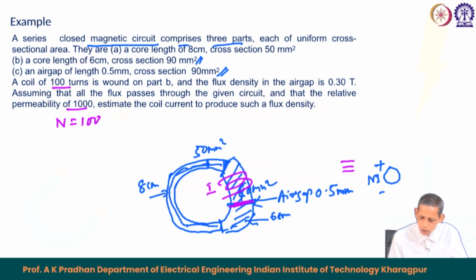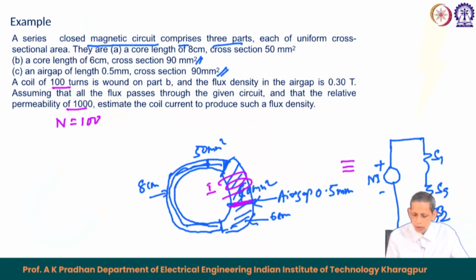Now, with this the corresponding circuit becomes 2 circuits. So, we have S 1, the gap S g and the corresponding S 2, that is the core S 2, or you can say S 1, S 2 and S 3.